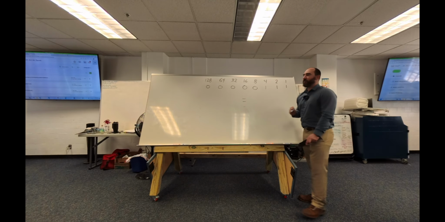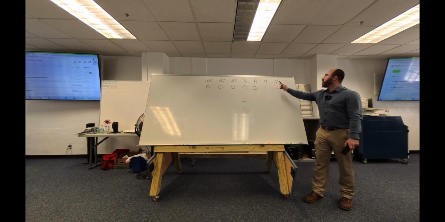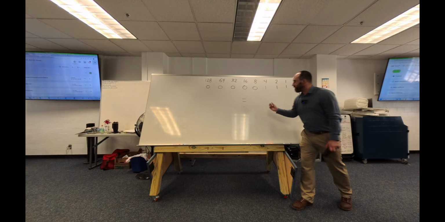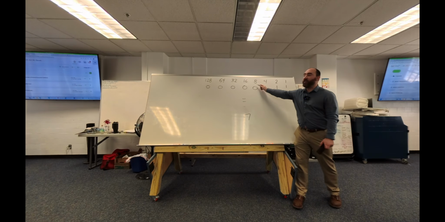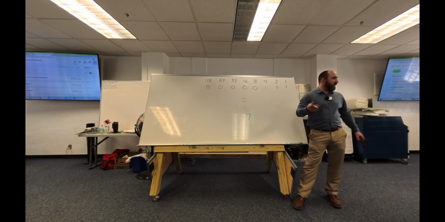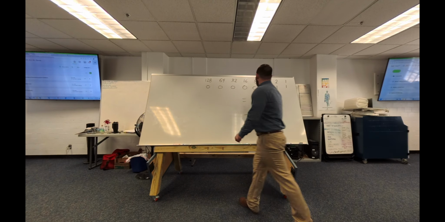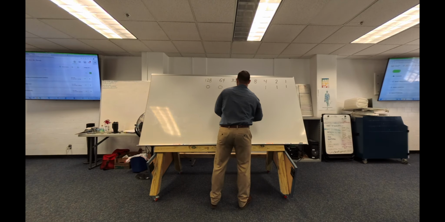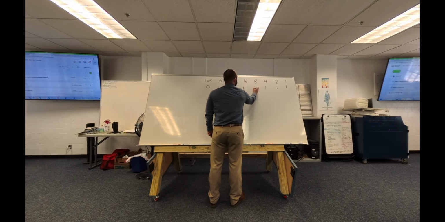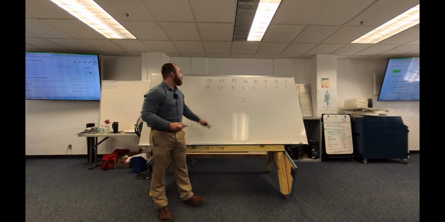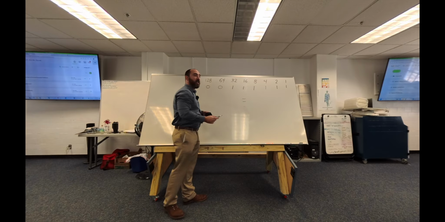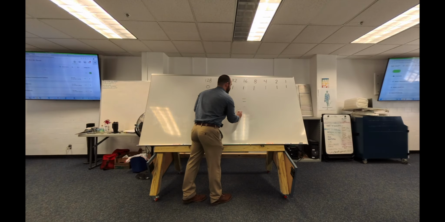This equals 4, 5, 6, 7, which is 1 less than 8. Is everyone seeing this? So what does this equal? 63, 1 less than this, right? That's 63.